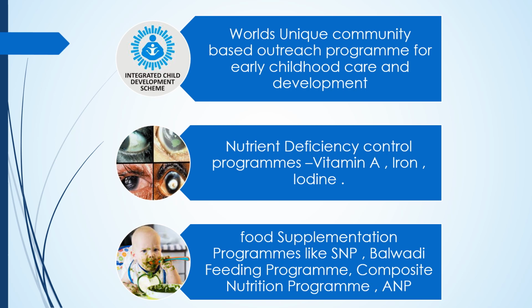Additional food supplementation includes SNP, the Special Nutrition Program. Under this, there are the Balwadi feeding program, the composite nutrition program, and the applied nutrition program, where children are supplemented with food or a meal at school or at Anganwadi centers, Balwadi centers, etc., to ensure good nutrition.